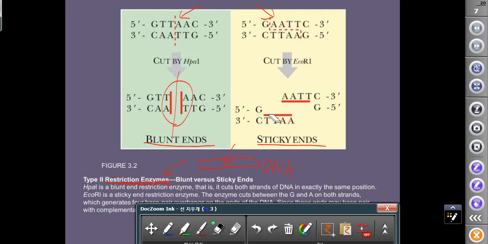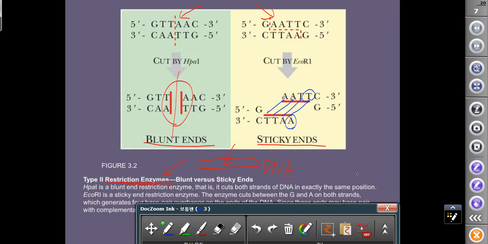These sticky ends tend to stick back to each other here. Why? Because they're complementary to each other. T likes to stick back to A. Also, this T likes to stick back with A. Same goes for others too.